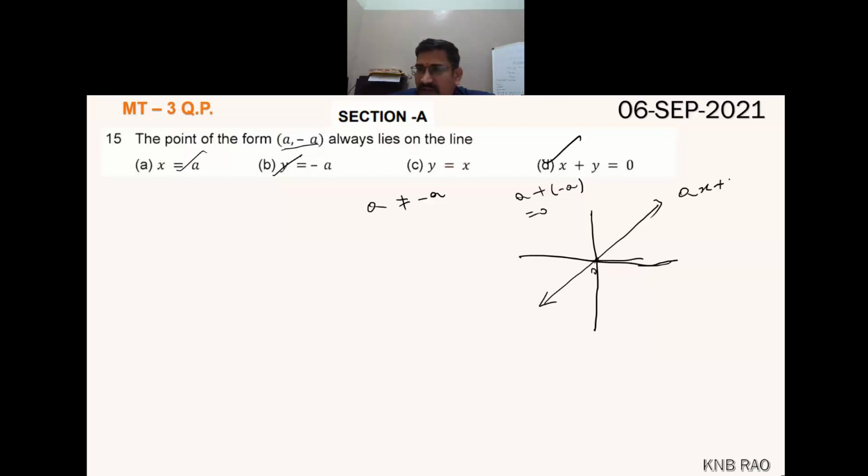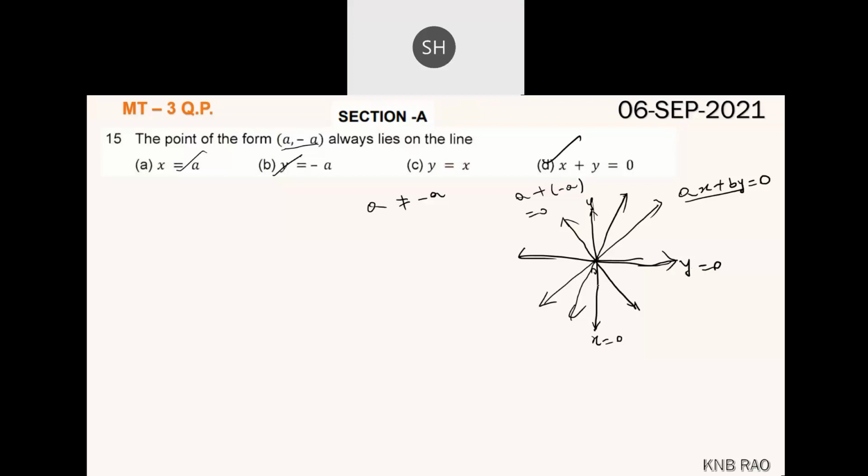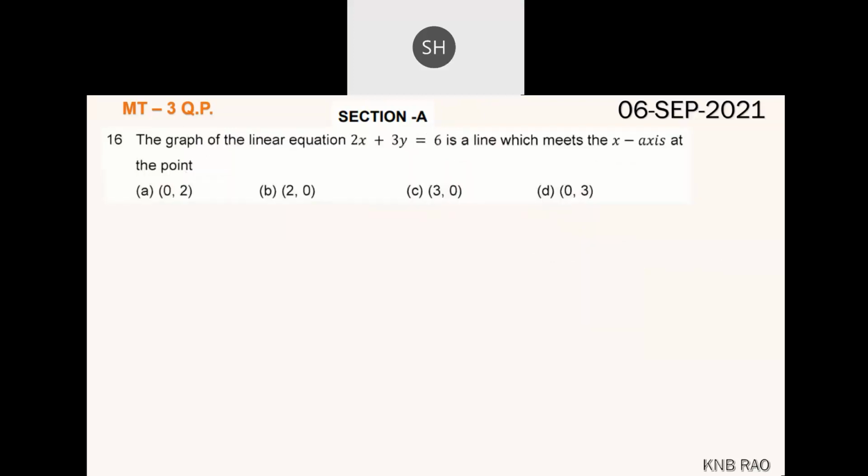So any linear equation passing through the origin will have the form ax plus by equals 0. The y-axis and x-axis have their equations as x equals 0 and y equals 0. So remember, any line passing through the origin will have its constant term as 0. This is another important point. 16th question: the graph of the line.